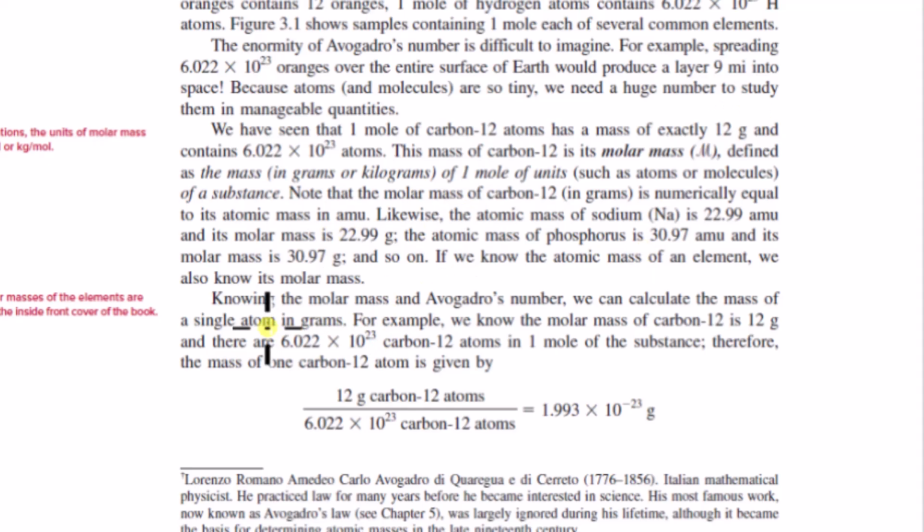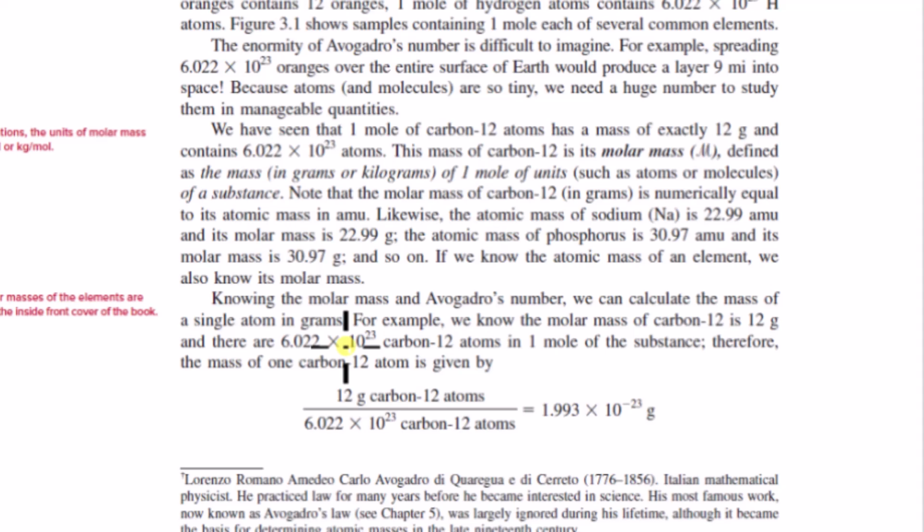So let's keep reading. Knowing the molar mass and Avogadro's number, we can calculate the mass of a single atom in grams. If we have Avogadro's number and the molar mass of any atom, then we can calculate the mass of a single atom in grams.